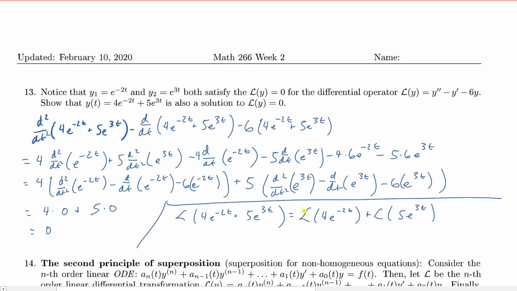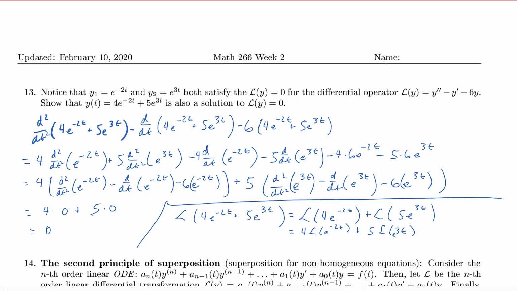Why can I do that? Because I know this is a linear operator, and so it distributes over the sum of these two functions. Further, since L is a linear operator, I can factor out the constant of 4. Oops, I dropped the e there.